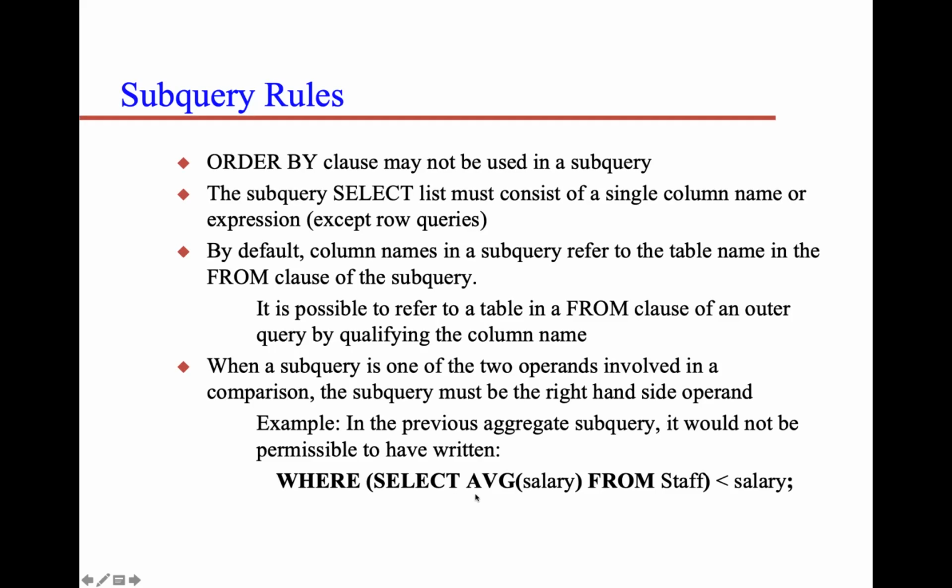So this would be illegal because the subquery is on the left-hand side of the comparison. I have zero idea why they defined it that way, but in the standard, it's like that. So scalar subqueries are always supposed to be on the right-hand side. Don't ask me why. I'm sorry.